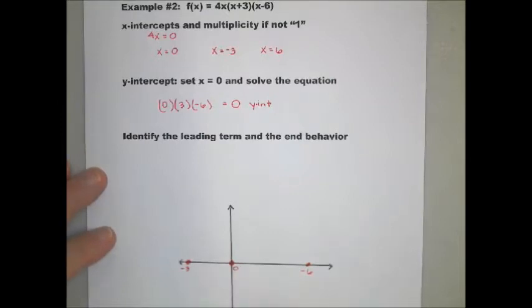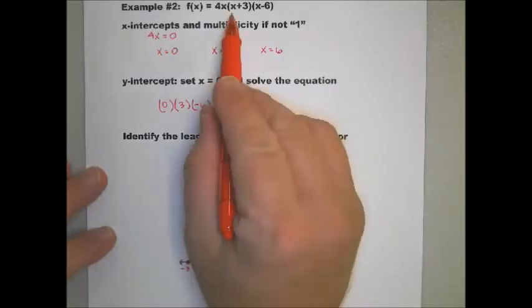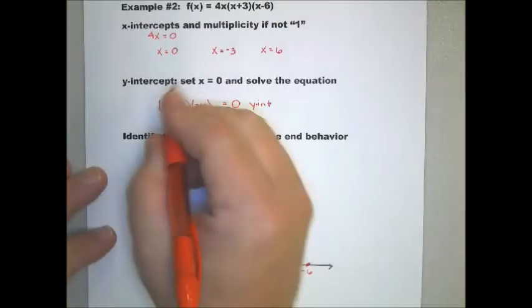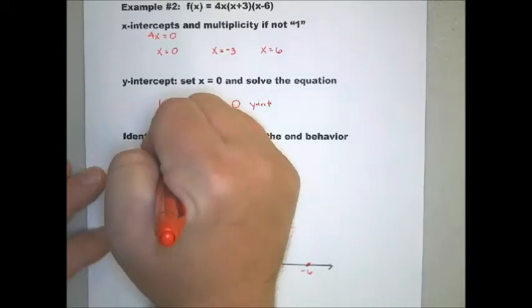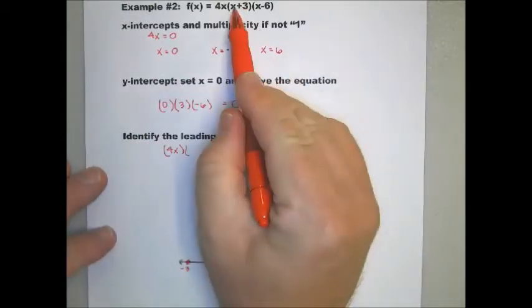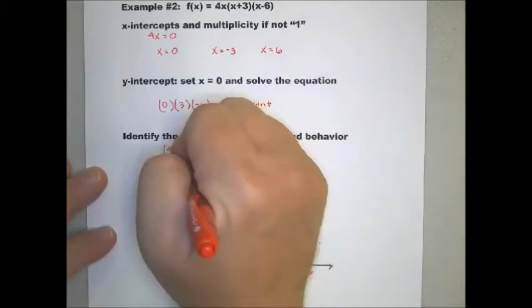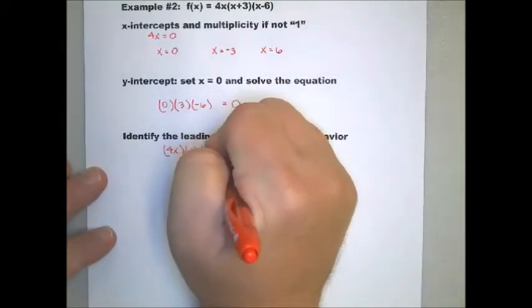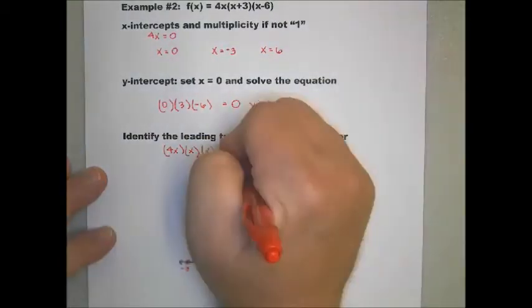Now let's explore the leading coefficient. The leading coefficient, if we expanded this whole thing out, the very first term would be 4x times another x times another x, which would be 4x cubed.